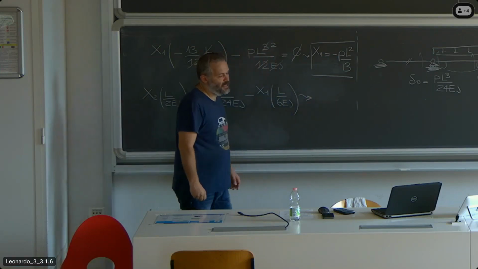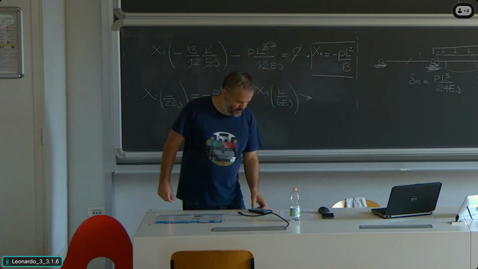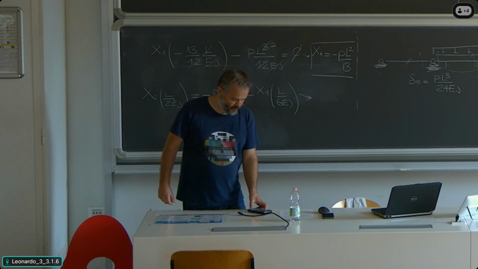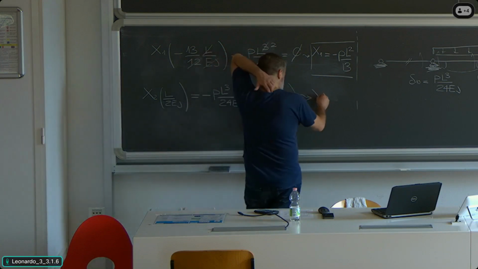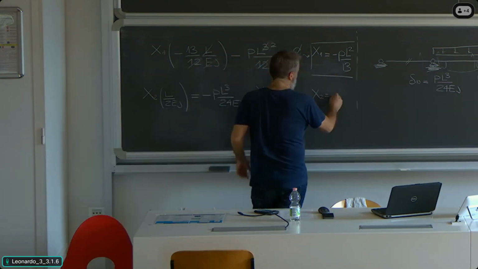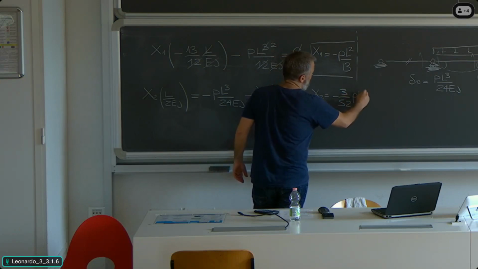You do the math. I'm going through this quickly. You know how to do it. Minus 1 divided by 24 plus, and the result is x2 is equal to minus 3 over 52 PL squared.